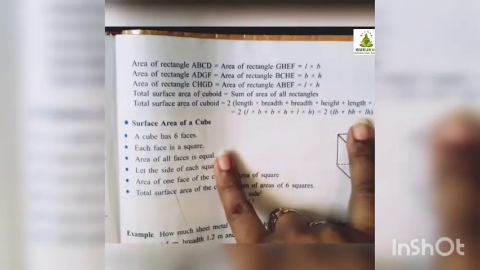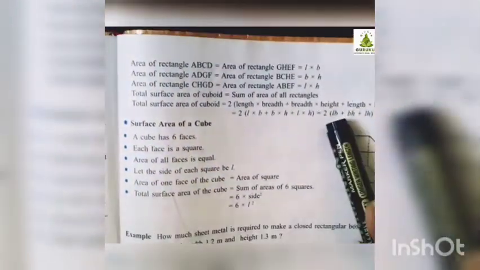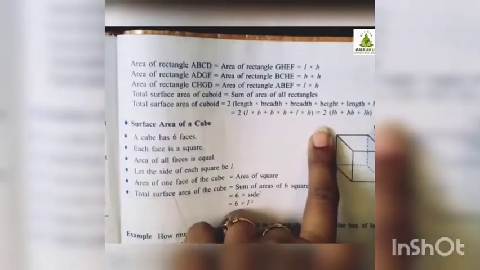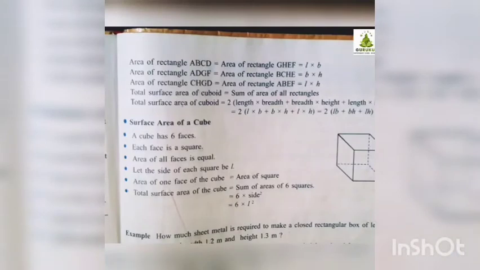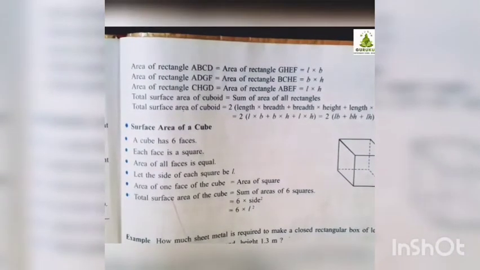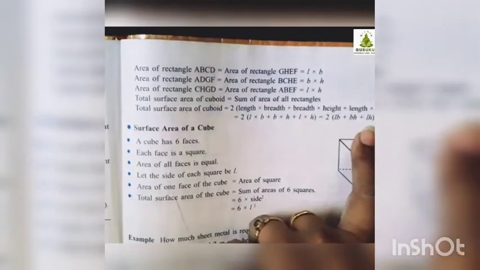Suppose L is first, B second and H third, then it comes as 1, 2, 2, 3, 3, 1. In that sequence you write it in the bracket. So the formula for the total surface area of a cuboid is 2 into bracket LB plus BH plus LH.